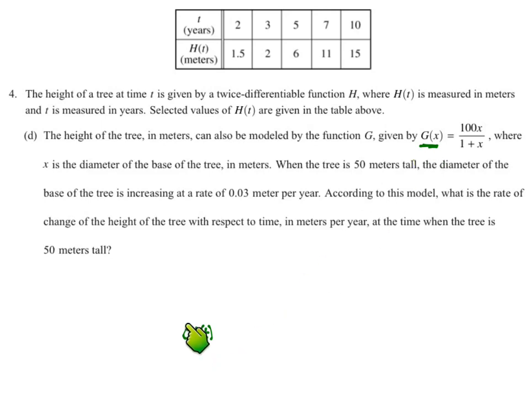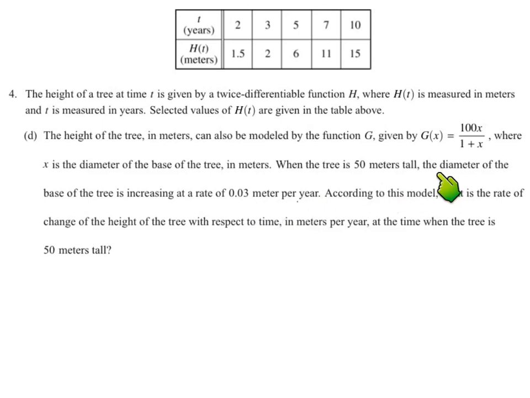Because I want the rate of g with respect to time, this is going to be a related rates type of problem. So let's identify the things that it gave us here. When the tree is 50 meters tall, so the height is 50 meters, the diameter of the base of the tree is increasing at a rate of 0.03 meters per second.